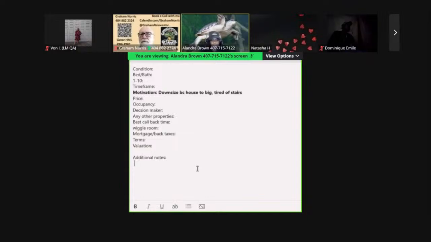Like price, 100K, I'm moving on. Occupancy, owner. Decision maker, wife. Other properties, yes. And then for other properties, you've got to get that address, right? 123 Main Street.